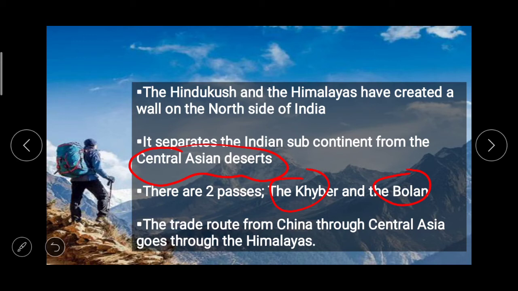They were connected to an ancient trade route. The trade route from China through Central Asia goes through the Himalayas.